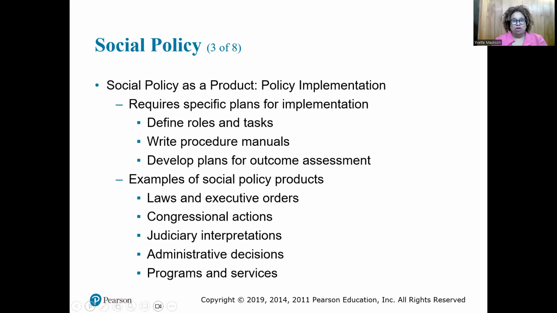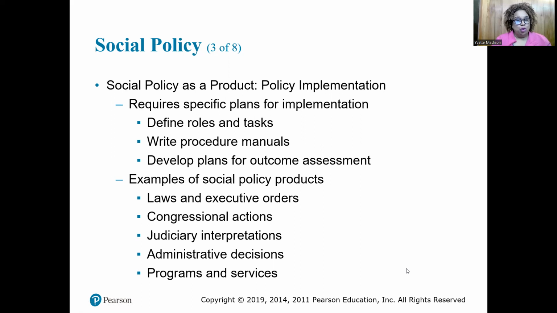Now, as we talk about social policy as a product, this is where we get into looking at the implementation of change. And I need you to hold on to this, good people, because we don't go directly from, oh, this is a great idea, into change. There are several steps that come into play when we're talking about implementing change, the product or the outcome of social policy.